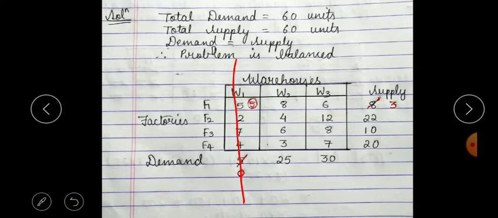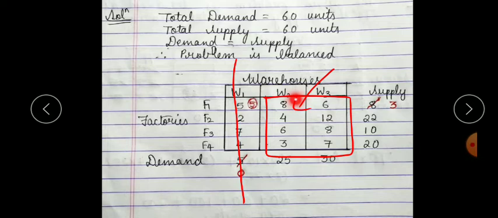Now that I've cancelled it out, what is the next step? I have to see the remaining part of the cost matrix. The top left corner of the remaining part is this. Now again allocate. How much do you have to allocate? Again, the minimum of supply and demand.